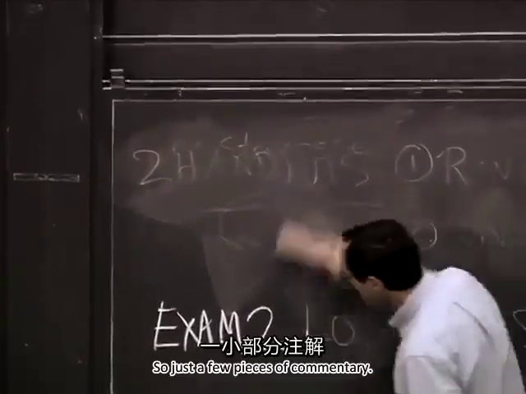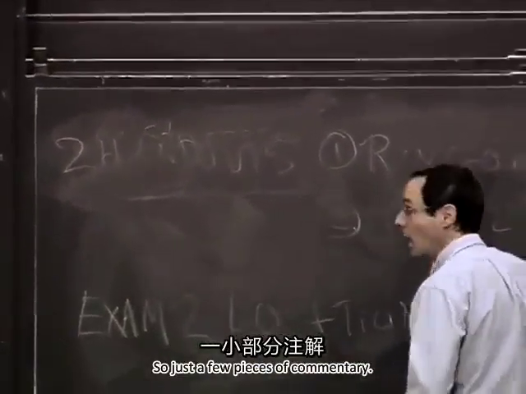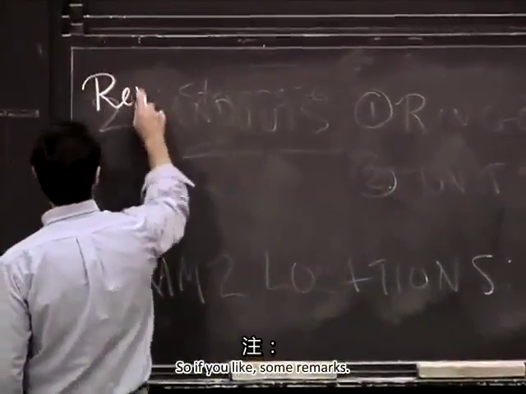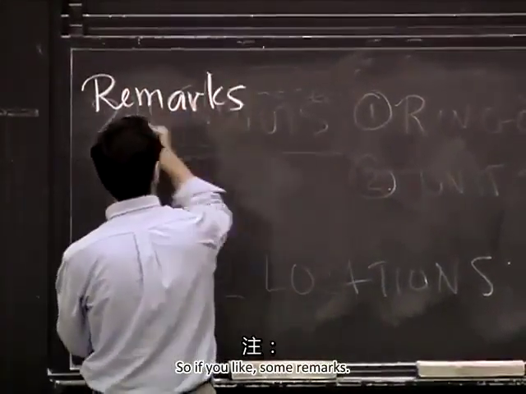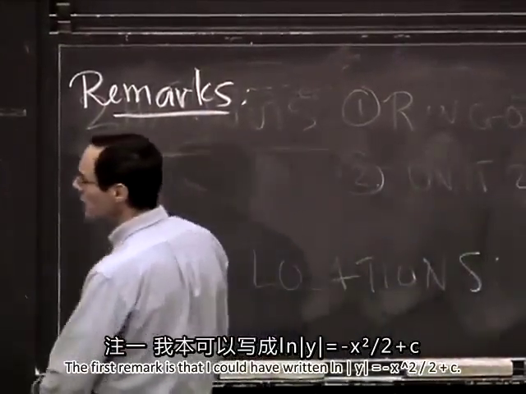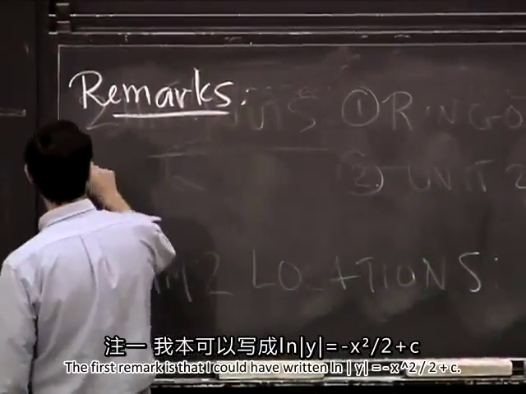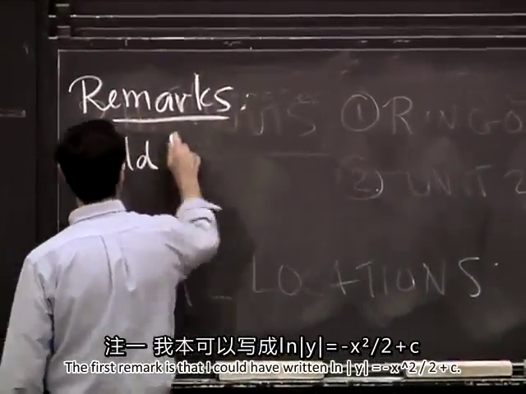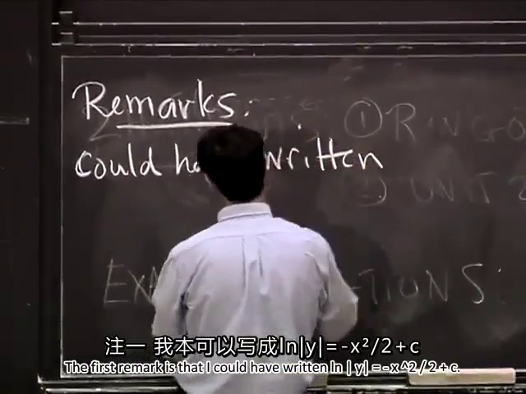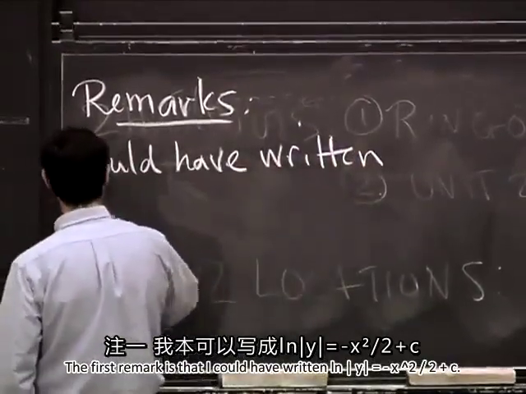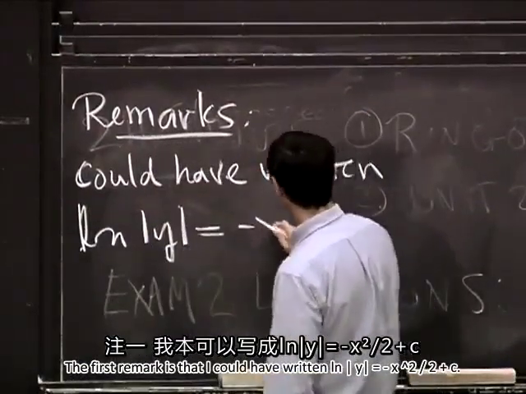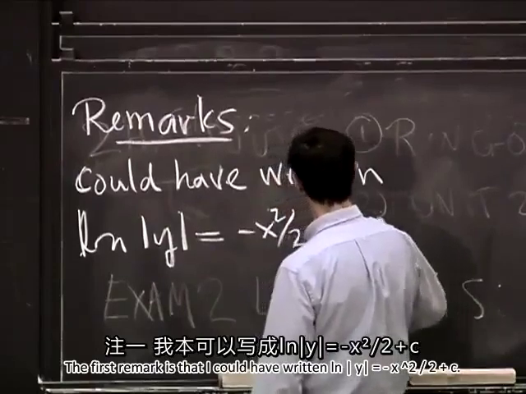So just a few pieces of commentary, if you like, some remarks. The first remark is that I could have written natural log of absolute y is equal to minus x squared over 2 plus c.